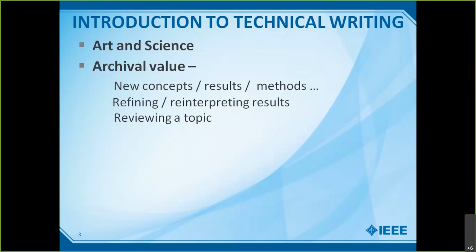The new may be a small delta X maybe. It could be a concept, result, or method, or it might be a result already available which you are trying to refine or reinterpret, or maybe in an area you are going to prepare a review paper, where you collect all the materials and you give a thorough comparison of that.